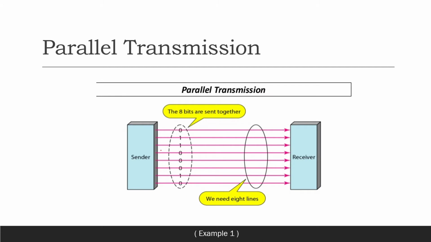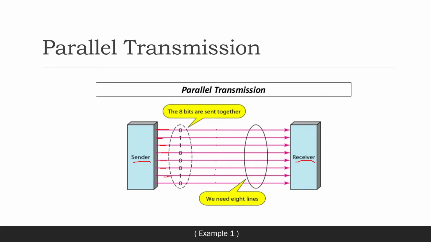Using this block diagram you can clarify your concept about parallel transmission. If this is a transmitter and this is a receiver, both are connected using 8 different lines: 4, 5, 6, 7 and 8. 8 lines are there, and the sender is transmitting 8 different bits over these wires.